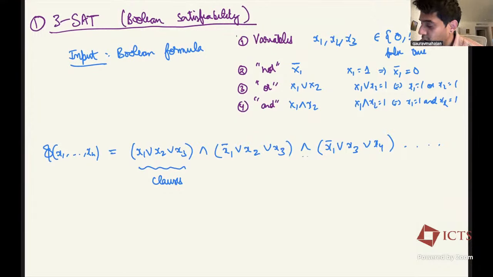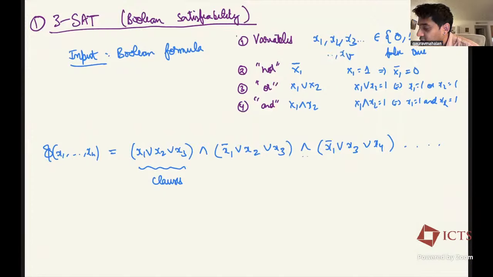Okay, so let me quickly go over what SAT is. For SAT, you're given a Boolean formula. The Boolean formula is composed of variables, so you have x1 to xV, and they're all variables which can be assigned either 0 or 1.